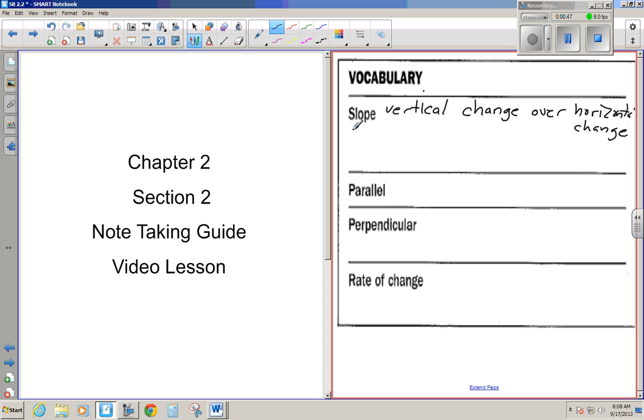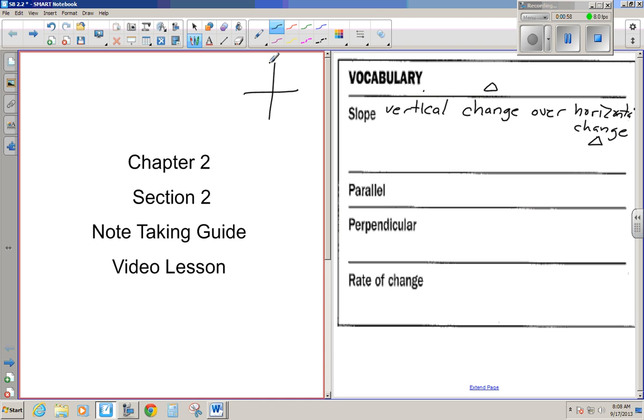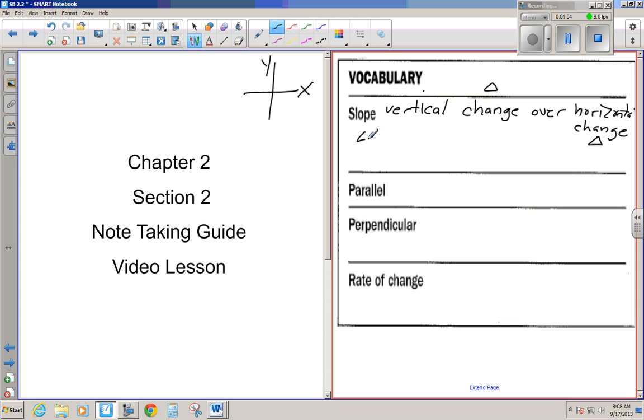So there's lots of ways to think about this. Delta, this little triangle, means change. When you think about a graph, the vertical axis is the y and the horizontal axis is the x. So the vertical change is the change in y over the change in x.